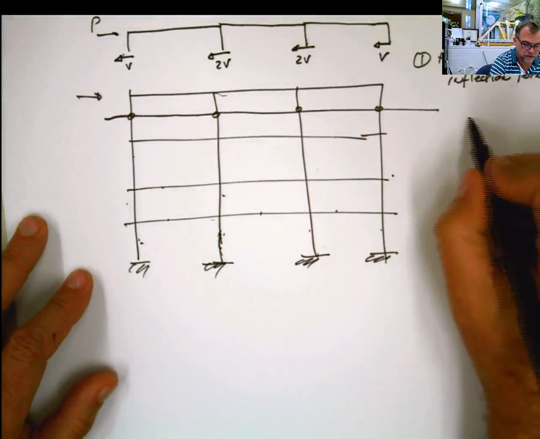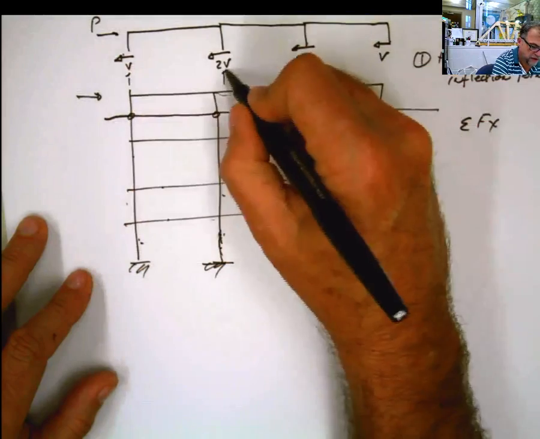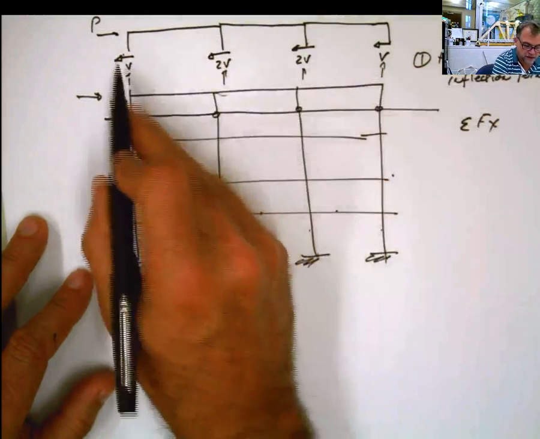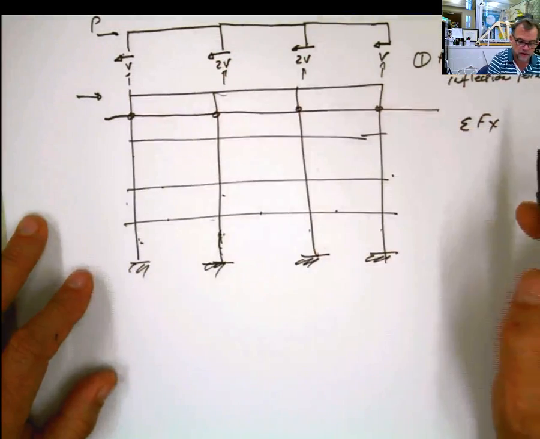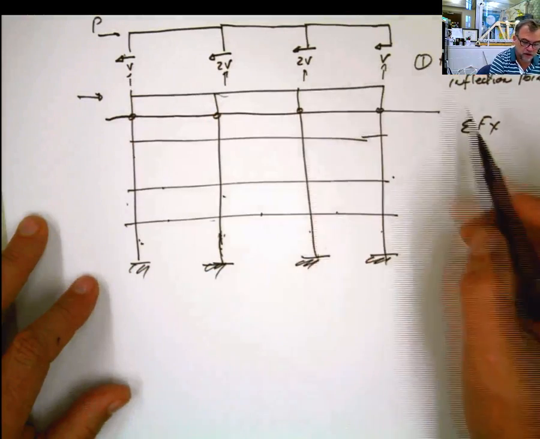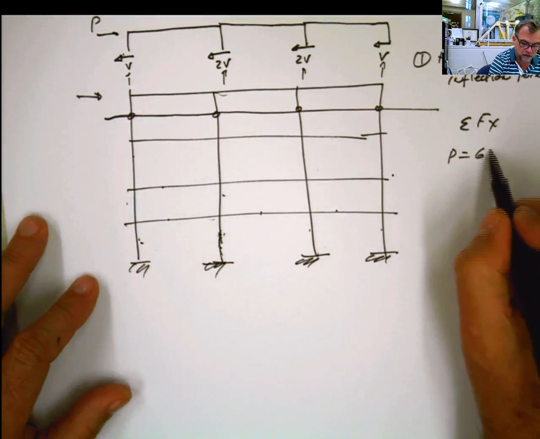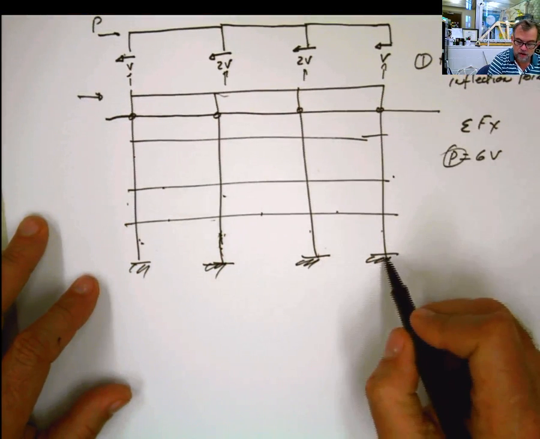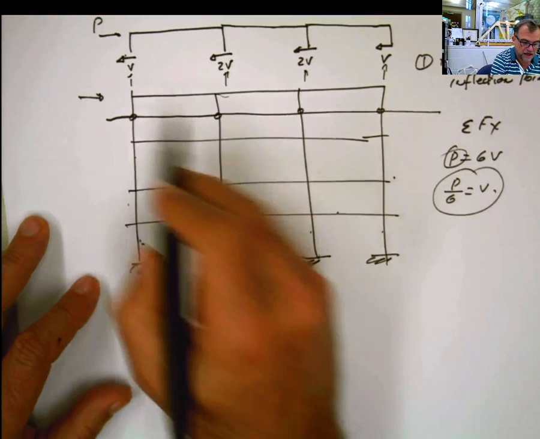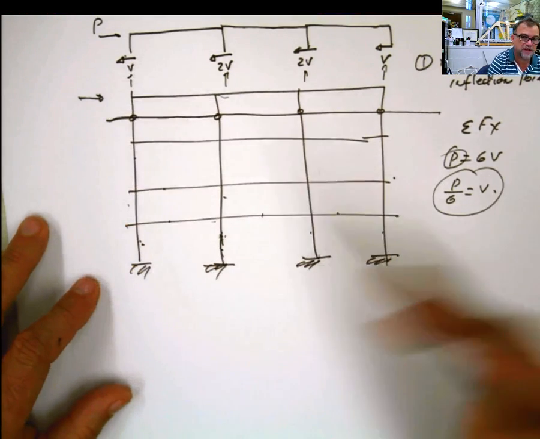Just by summation of forces in X in this portion, looking only at the horizontal part, I have 1, 2, 4, 6. P is going to be equal to 6 shear. Of course I know how much P is, so P divided by 6 is my shear. I calculated that value with that simple equation and that simple assumption.